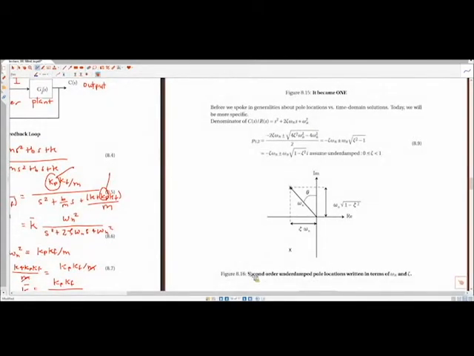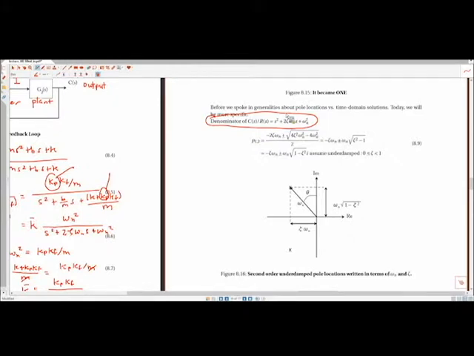So if we wanted to know the distance of this pole location to the origin, using Pythagorean's theorem, this would be the square root of zeta squared omega n squared plus omega n squared times 1 minus zeta squared.